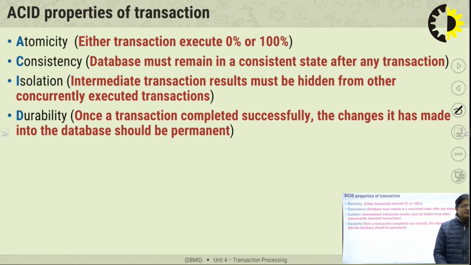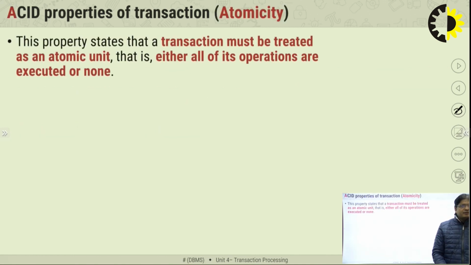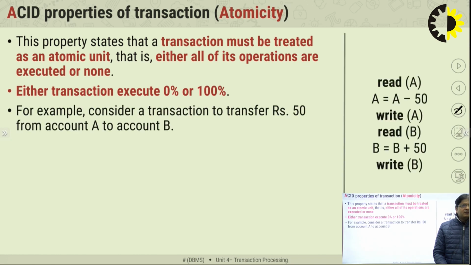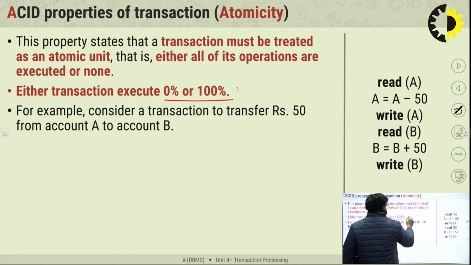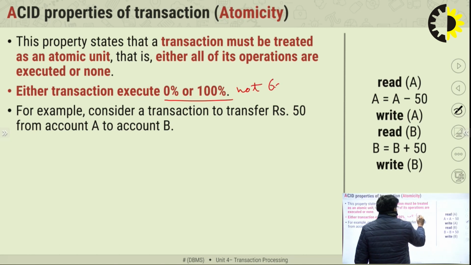Now, we will first discuss atomicity. This property states that the transaction must be treated as a single indivisible unit, that is, as an atomic unit: all the operations of the transaction are executed or none are. Either the transaction executes 0% or it executes 100%, not 60% or 50%.